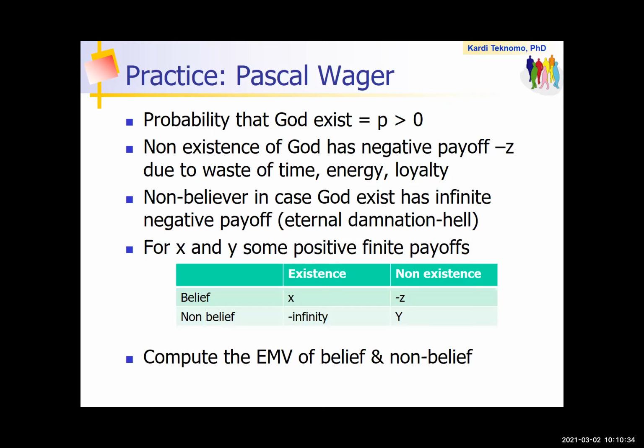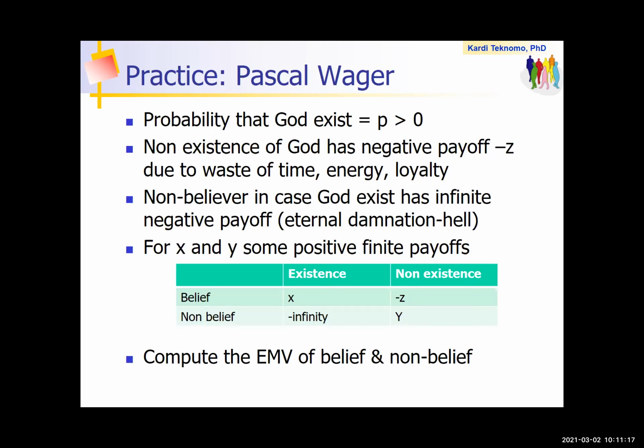So if God does not exist, you will have a negative payoff, say minus Z, because you waste your time, your energy or loyalty for your worship. Now, if you believe in the existence of God and God actually exists, then your payoff is X, a positive value. If you believe in the existence of God, but God actually does not exist, you have a payoff of negative Z. Z is positive, so negative Z is negative.